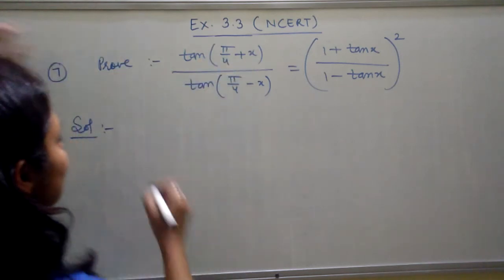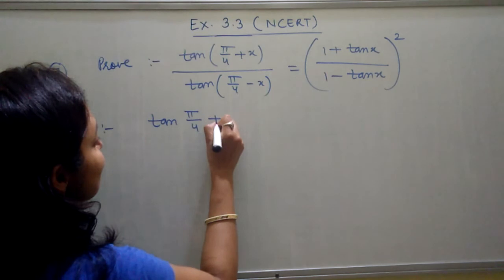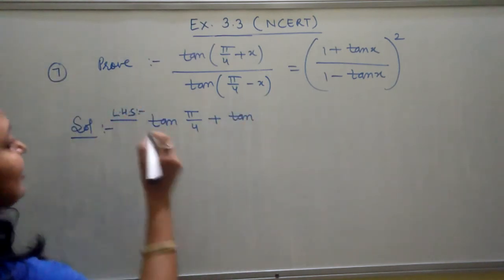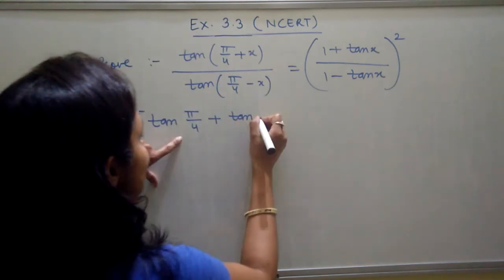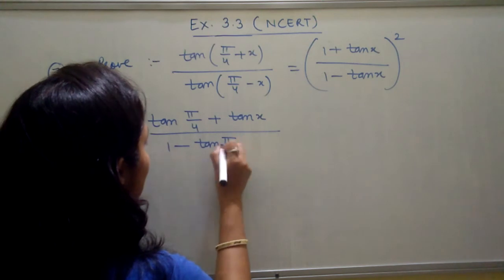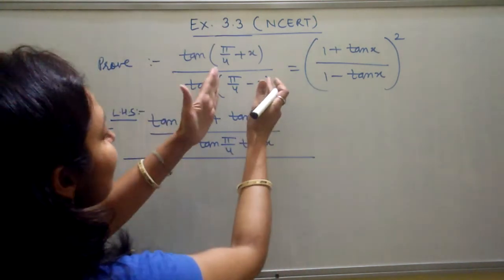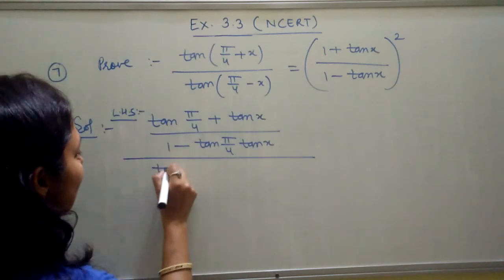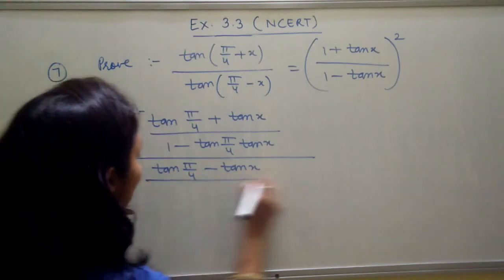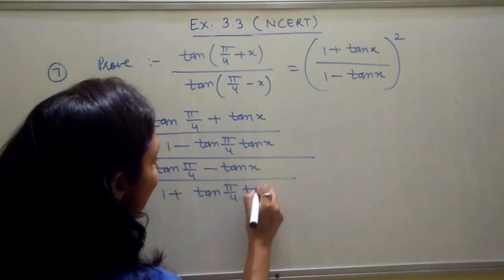Taking the left hand side, tan(a + b) is (tan a + tan b) upon (1 - tan a tan b), divided by the other formula with negative sign, tan(a - b), which is (tan a - tan b) upon (1 + tan a tan b).